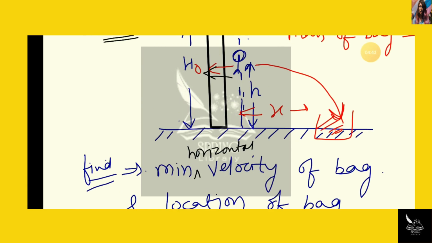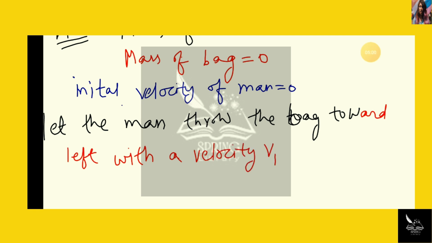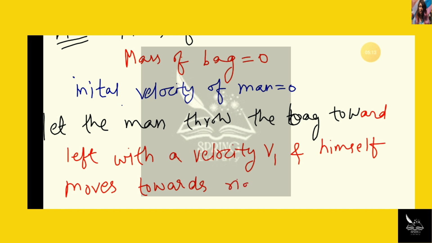Consider that after throwing towards the left the velocity of the bag is v1, and he himself moves towards the right with a velocity, consider, v2.